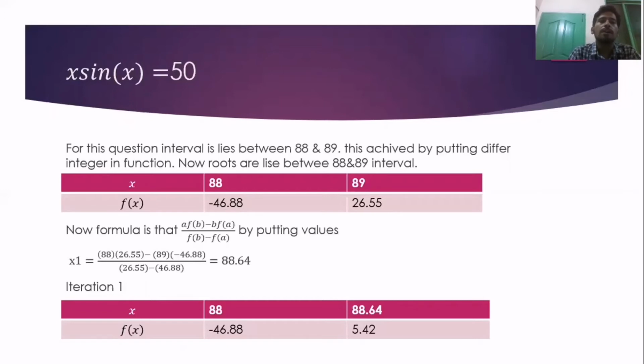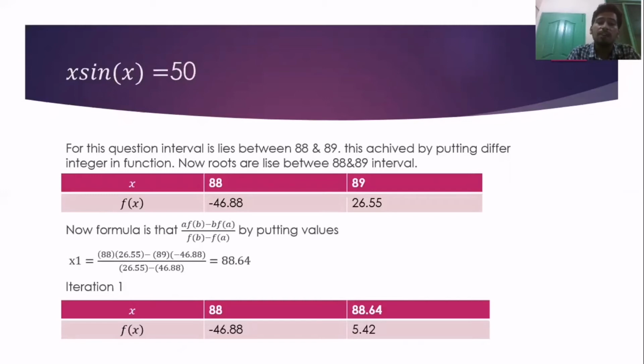We will put the values in x sin x, then find the interval between a positive and a negative value. For this example, our interval lies between 88 and 89, giving the values negative 46.88 and 26.55, which are a negative and a positive value.